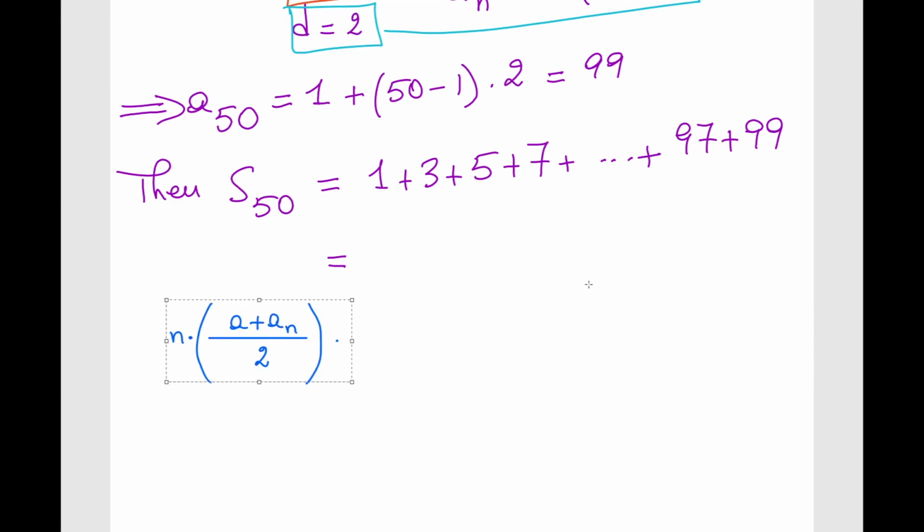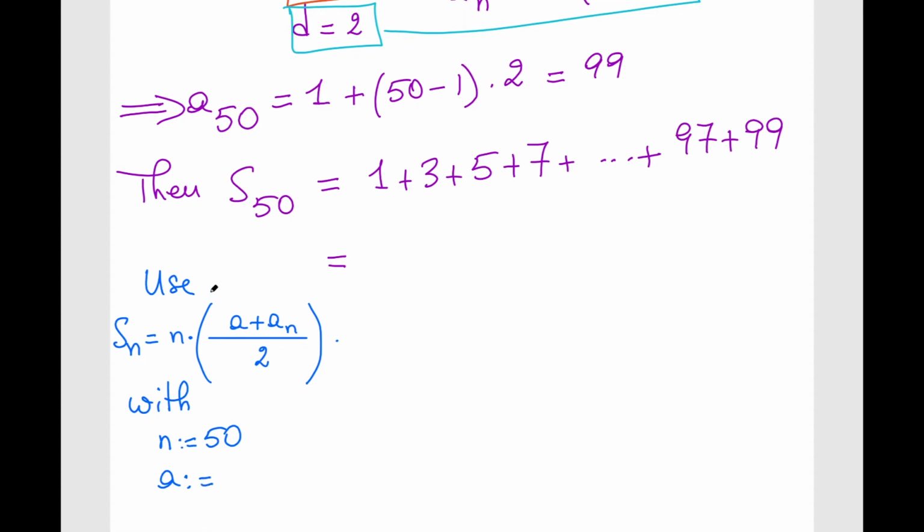So we're using this Sn equals that. Remember what n was? N was the number of terms. How many terms do we have? It's 50. So with n equals 50, and who's a?